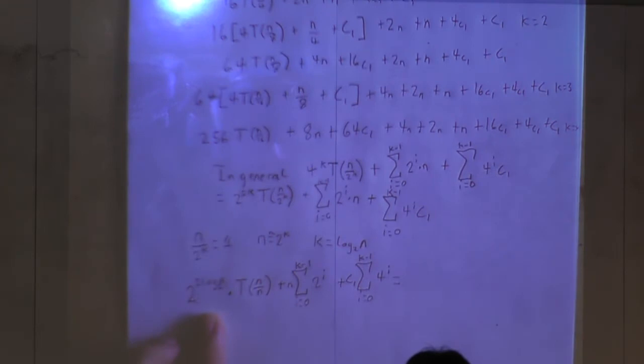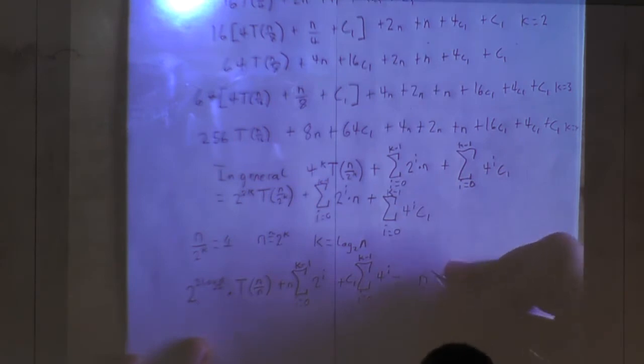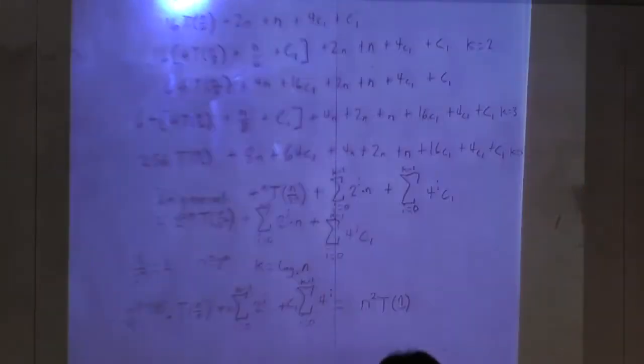First of all, we're going to do a simplification right here. 2 to the 2 log base 2 of n is essentially just n squared, because the 2 and the log base 2 cancel, and it brings the n down, and it's still squared. So you're just going to have n squared left up there. Does everybody follow that? So it'll be equal to n squared T of 1, right?